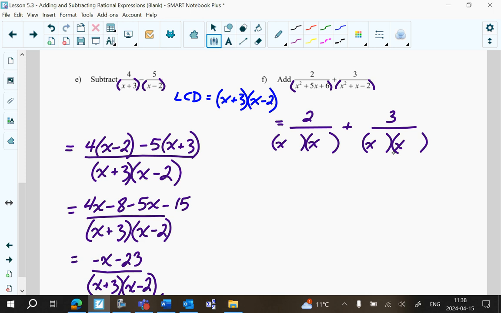Two numbers that add to 5 and multiply to 6. 6 and... oh, you're making it way too complicated. 2 and 3.